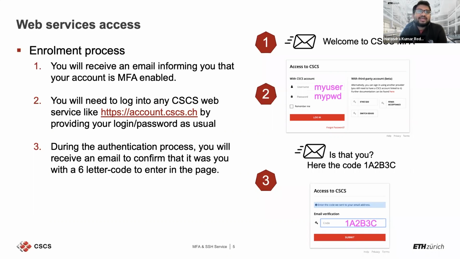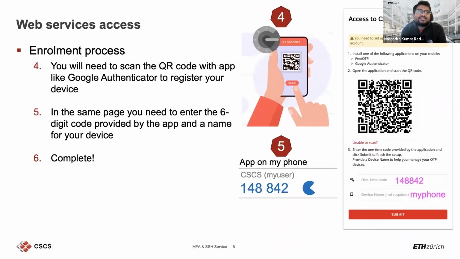So once it is done, one of the prerequisites is that the user already has the Authenticator app installed on their mobile, whether it is Google Authenticator or FreeOTP. And there might be other Authenticator apps as well.